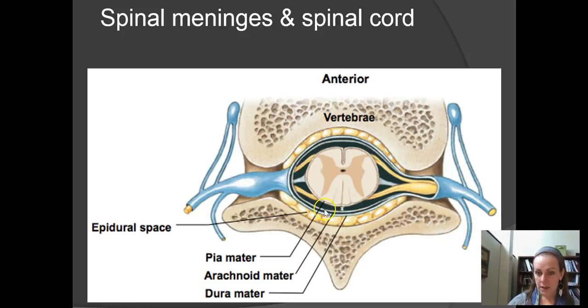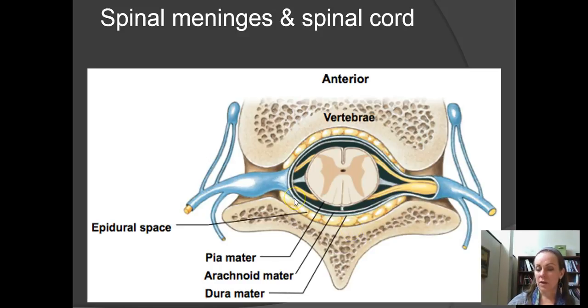This next white layer right here is the arachnoid mater, and then on the outside is going to be the dura mater. It's a little bit bluish, and you can see it over here. It looks blue. And you should notice that there are spaces in between them.